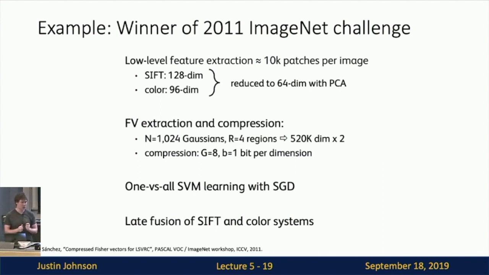They reduced the dimensionality of those using PCA. They applied something called Fisher vector encoding to compress and get another layer of features on top of those original features. They did some compression step, and after that, they ended up with a feature representation upon which they could learn linear SVMs, to finally learn a linear classifier on top of this complicated feature representation. So this pipeline of coming up with feature representations for your images actually can perform reasonably well in some contexts.